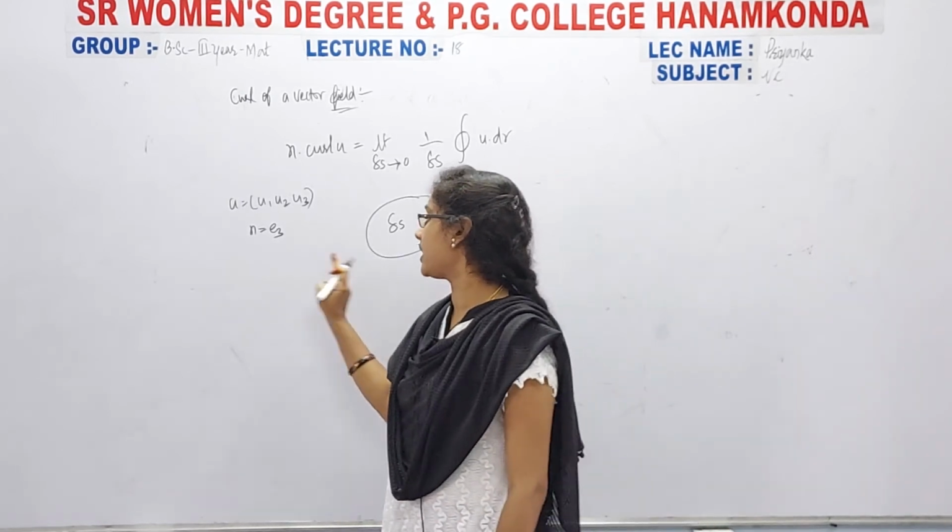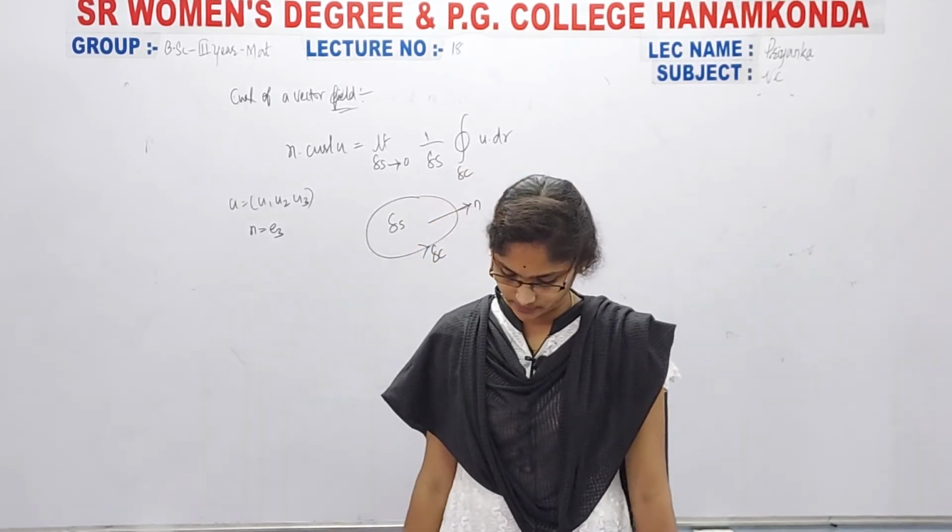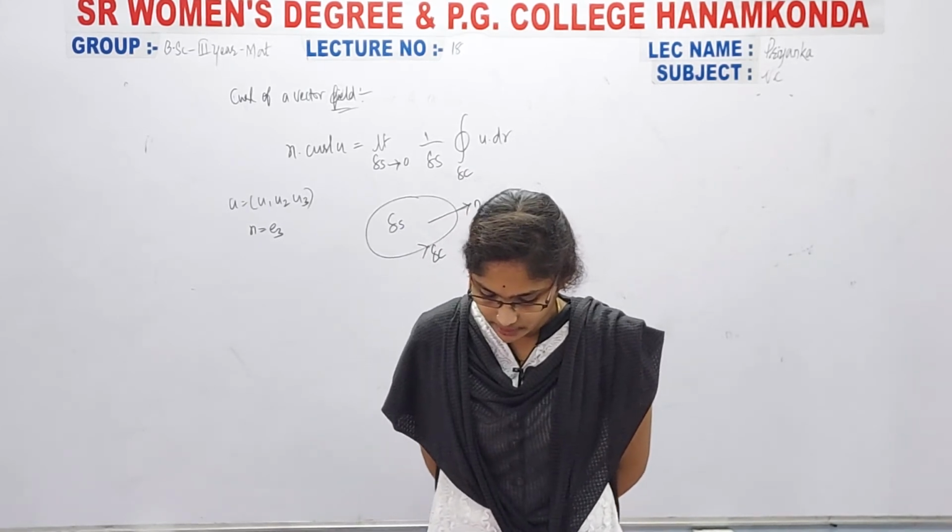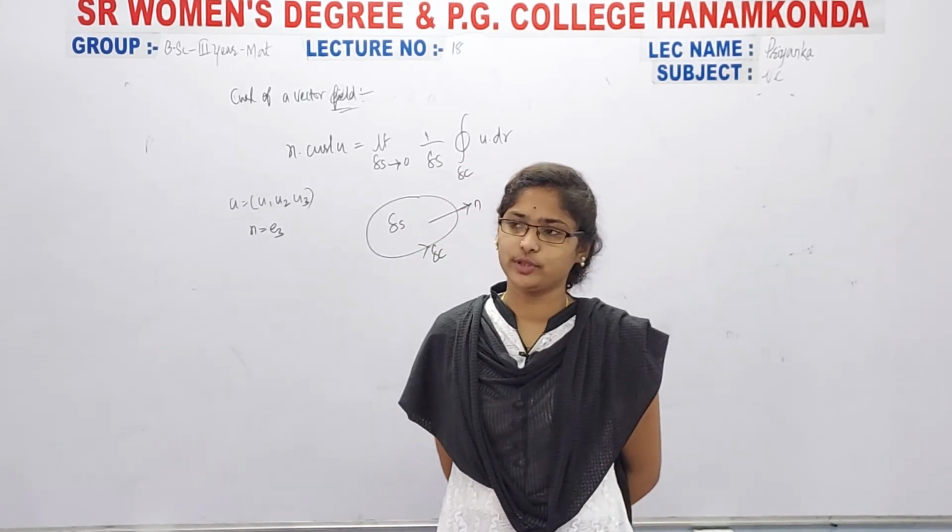If it is in the z direction, then n equals E3, to determine the z component of curl u.